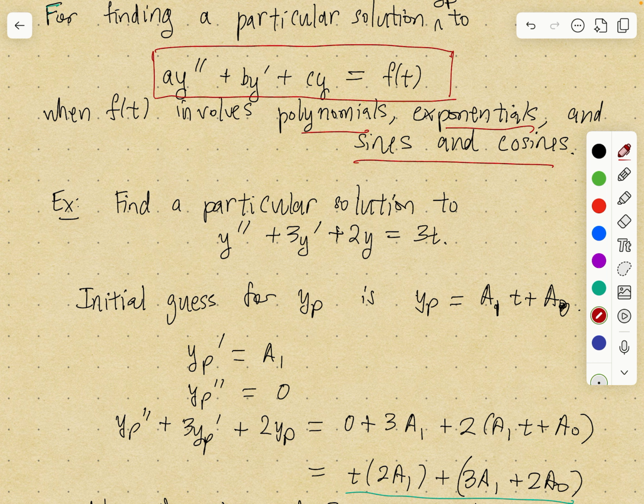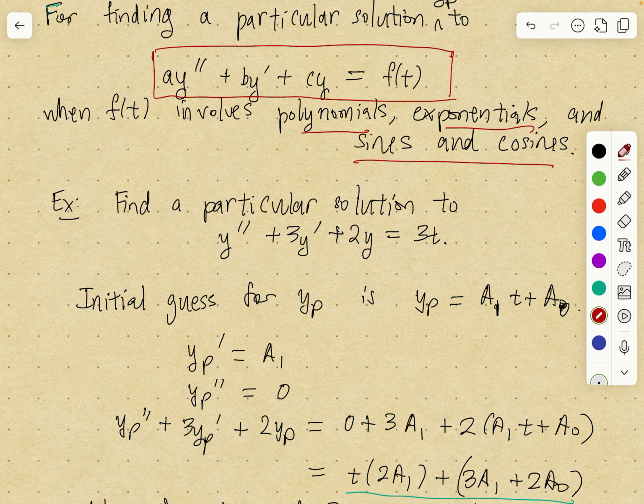So if 0 is not a root of ar squared plus br plus c equals 0, then you don't have to make any modifications to your initial yp. Your yp is going to work without multiplying by t or t squared.